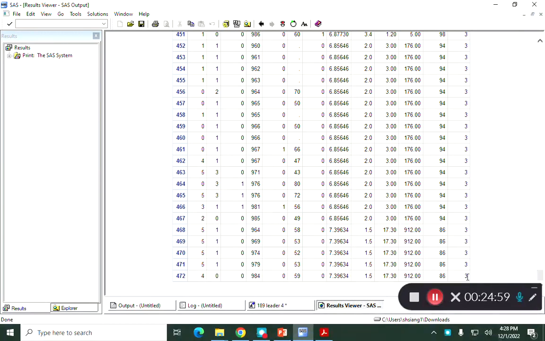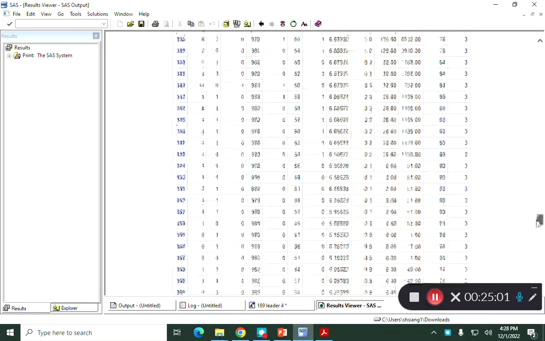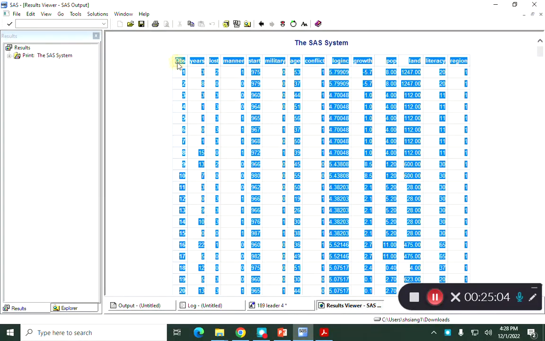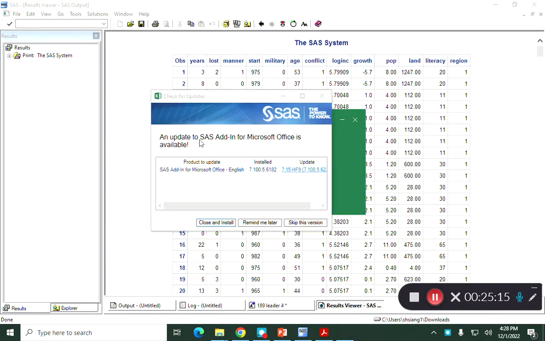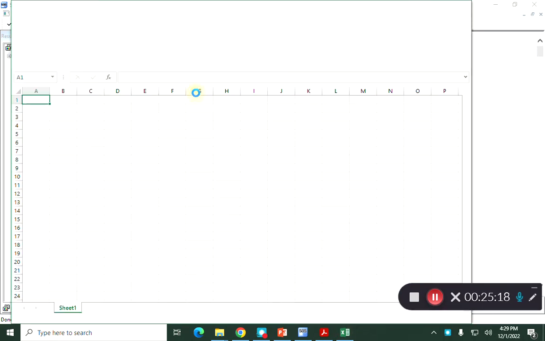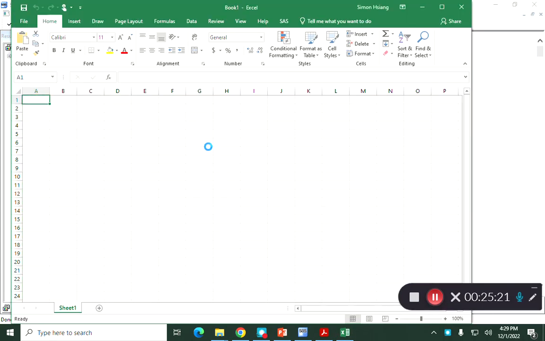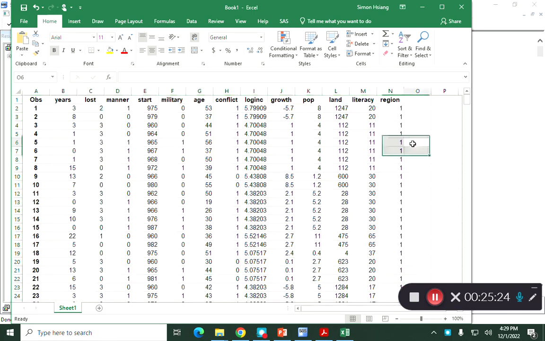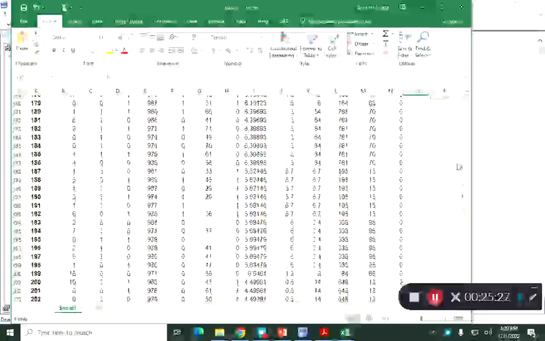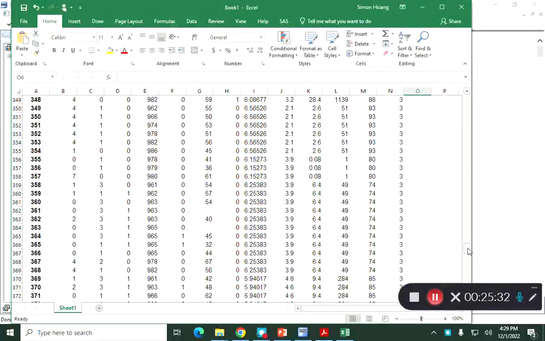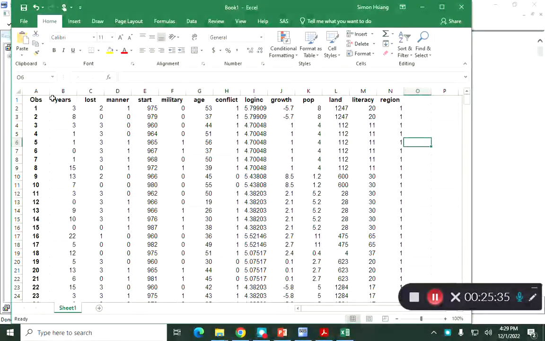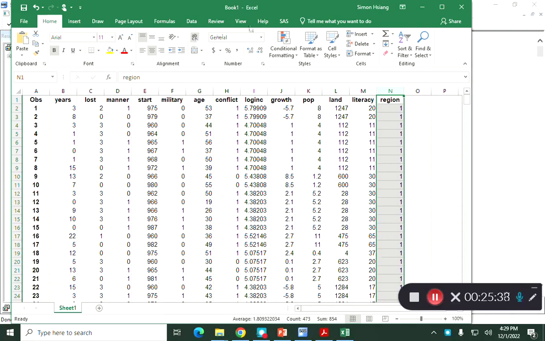Let me just start from here. Okay. Can we just sort by region?